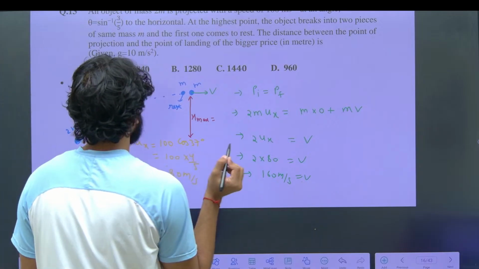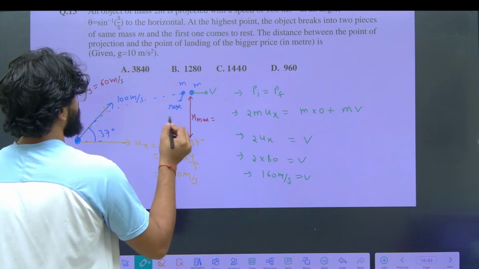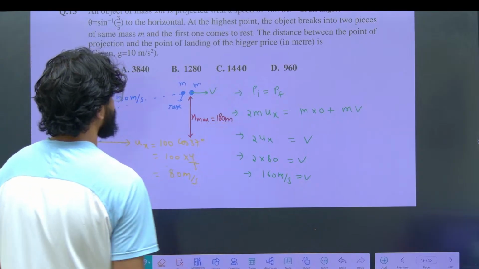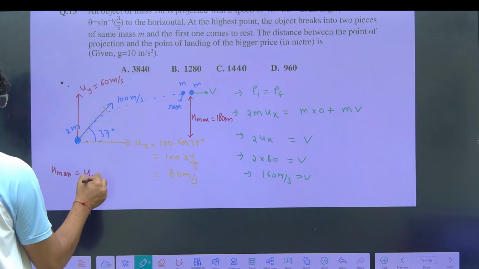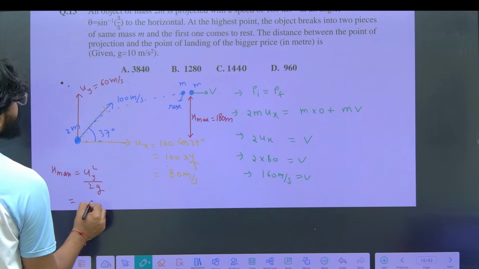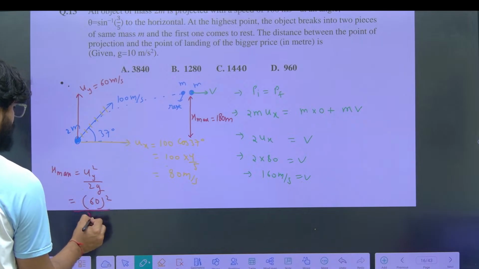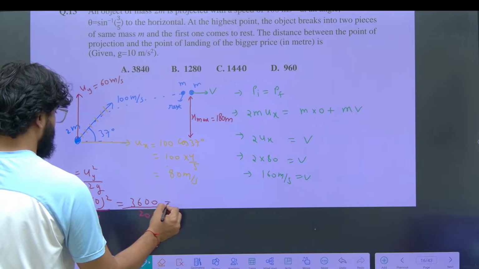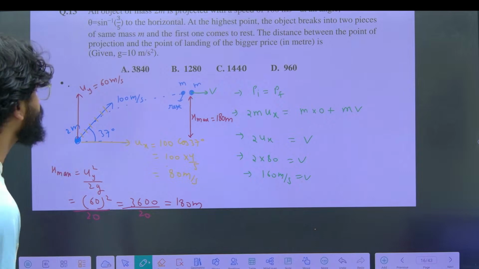So h max is uy square upon 2g, that will be 60 square upon 20, so 3600 upon 20, so it is 180 meter, correct? That's how we are getting the value of h max.